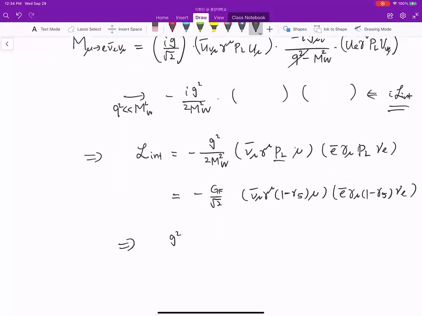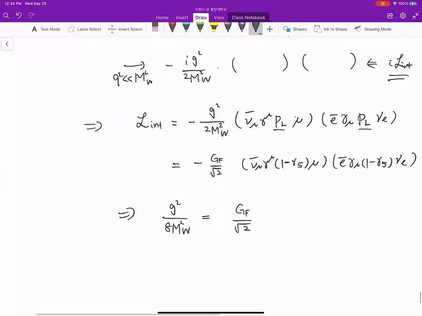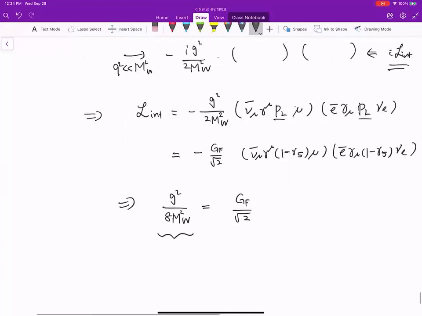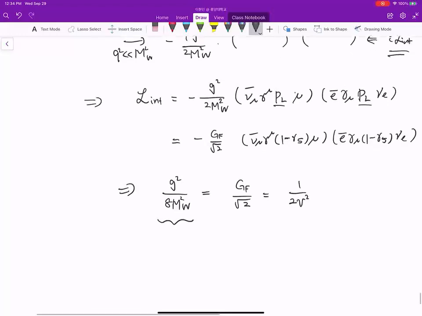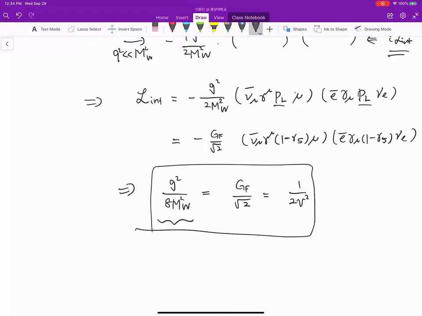We have a one half factor here from the projection operator. So G_F, the effective interaction to describe the muon decay or the beta decay, can be identified with the fundamental parameters in this theory. And G_F is also equal to the electroweak scale expression. So it's useful to remember this relation.